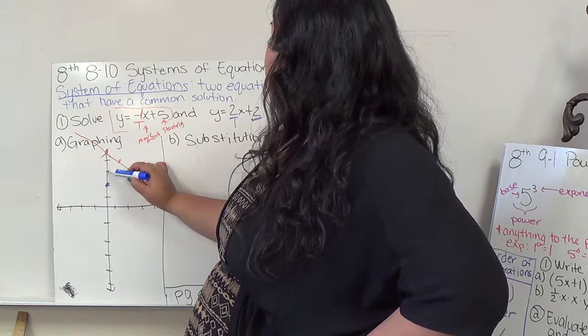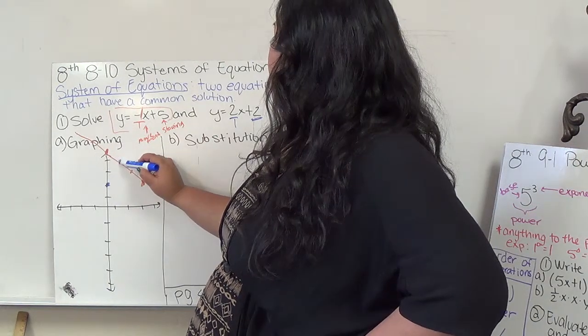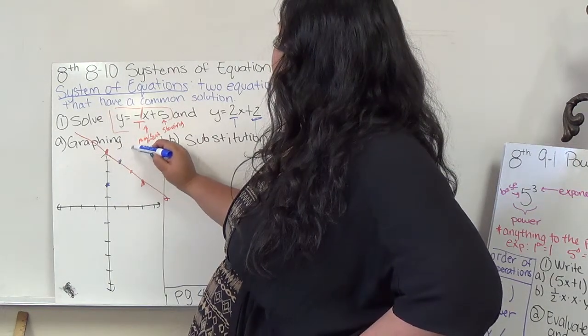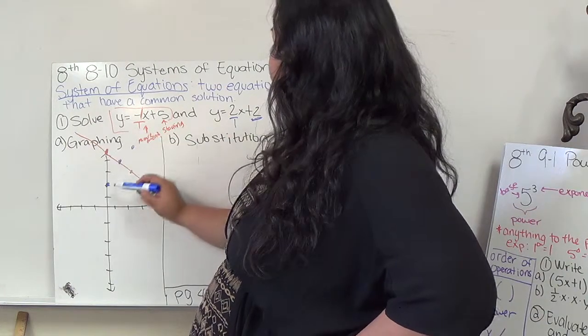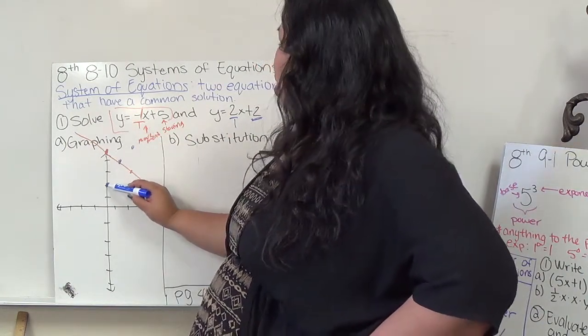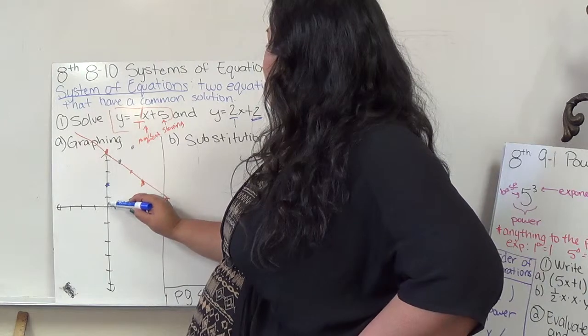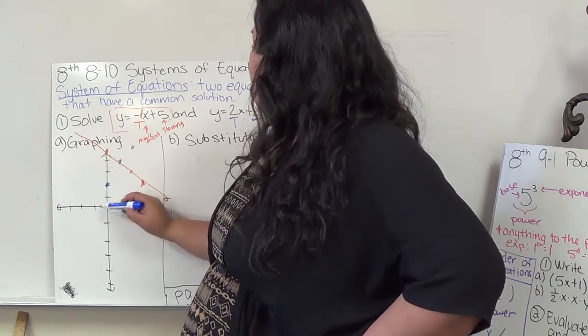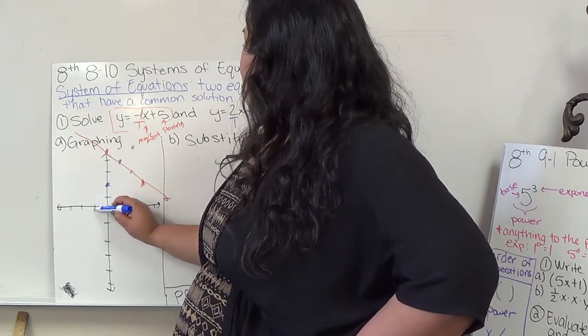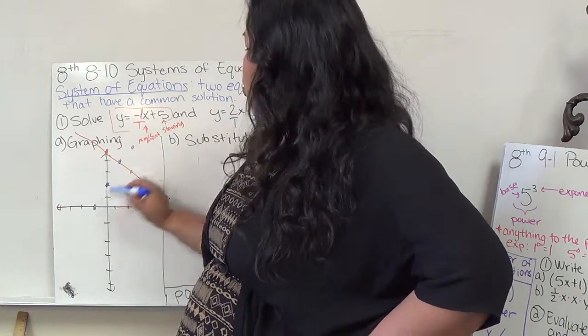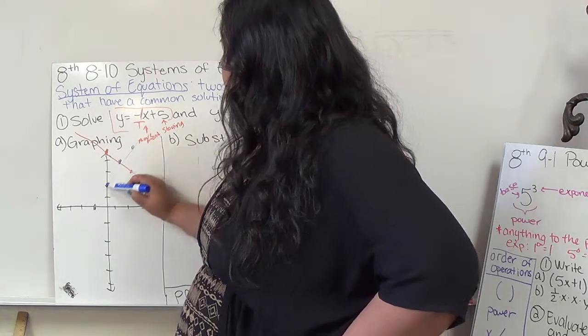So I'm just going to go over 2, up 1. Over 2, up 1, and I can go backwards too. If I went up 2, then I'm going to go down 2. If I went right 1, I'm going to go left 1. So down 2, left 1. See, it continues the trend if I want to go backwards. So I'm going to connect this right here.